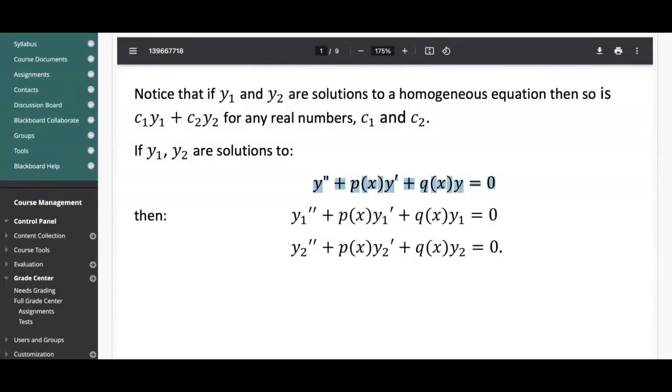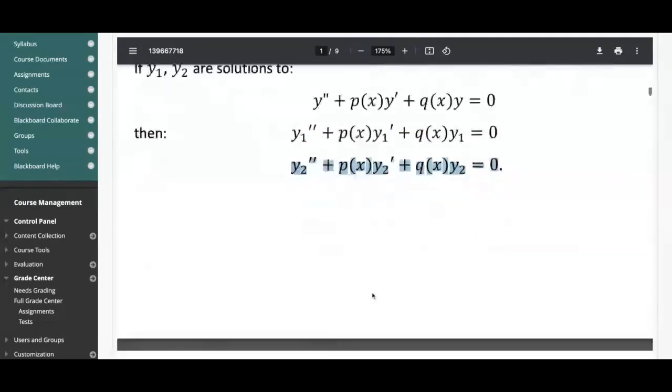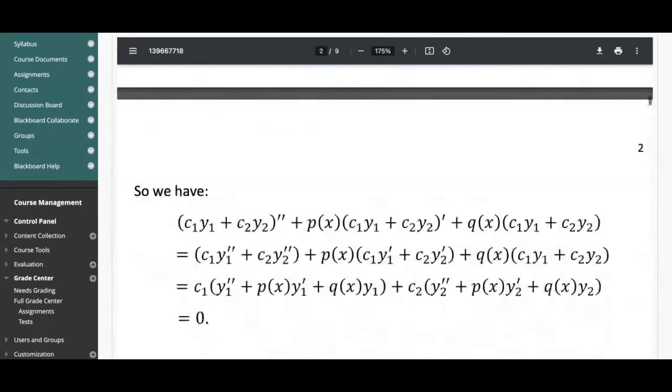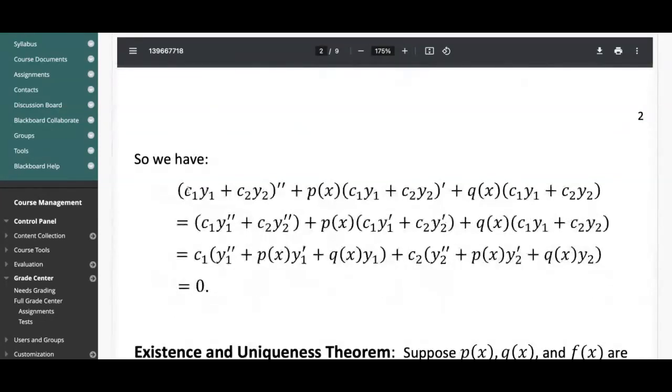If y1, y2 are solutions, then if we substitute y1, we get 0, and substitute y2, we get 0 too. So we can plug in c1 y1 plus c2 y2, and we can prove that it equals 0 also.